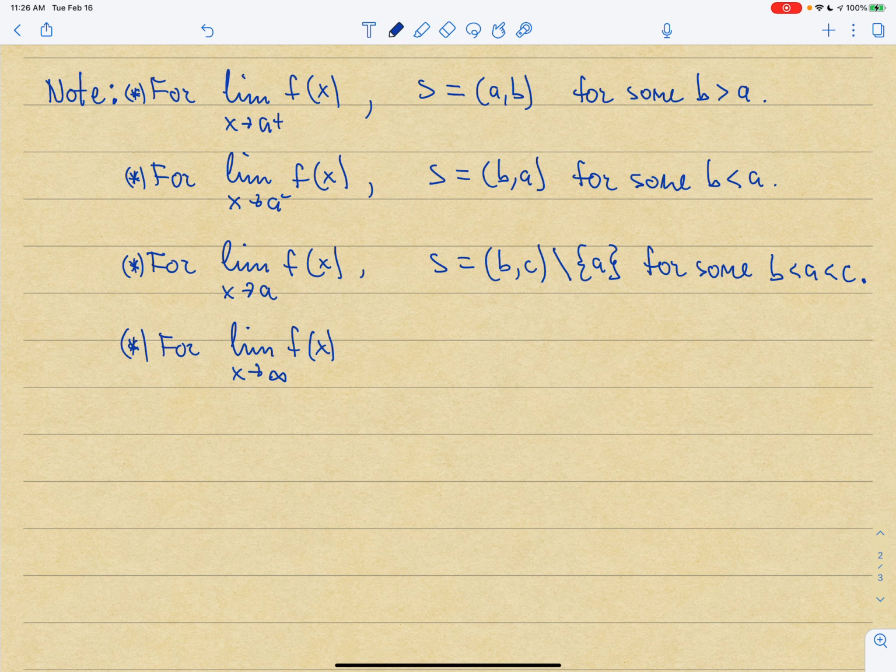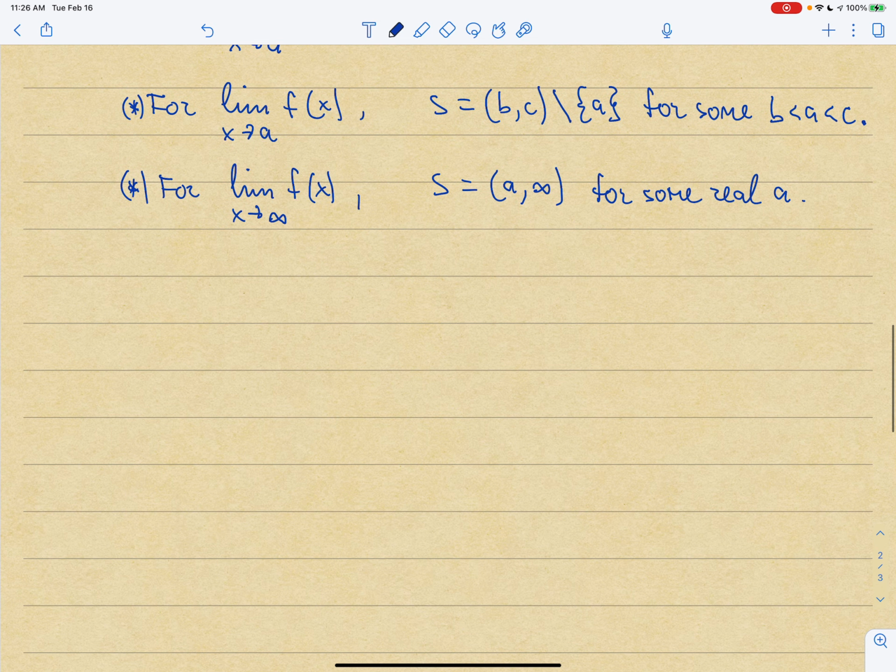Well, my sequences xn must go to plus infinity, so S should be some interval from some point a to infinity, right? And this is for just some number a.